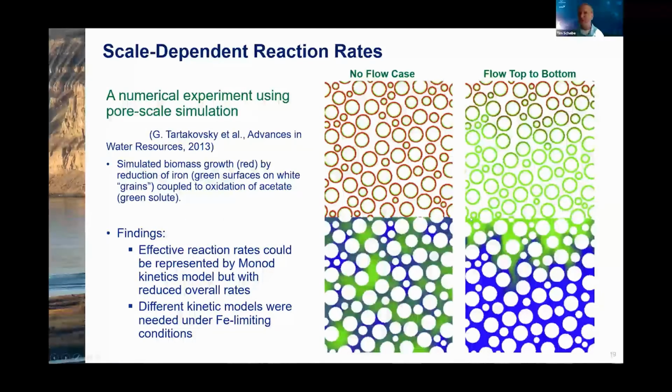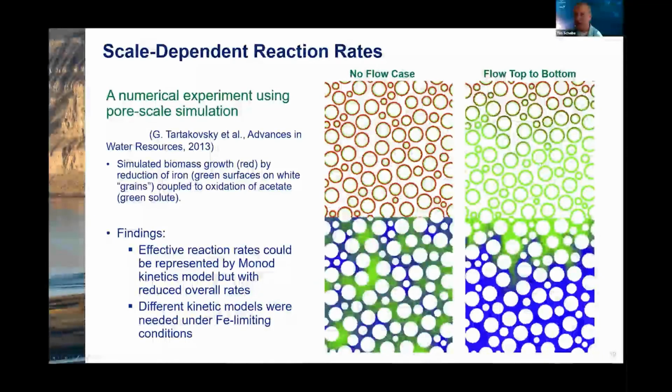The results of this numerical experiment are shown here. We have two cases: a case shown in the first column with no flow, so diffusion only, and a second case where we impose flow from the top to the bottom and we inject acetate at the top. We simulated the biomass growth, here shown in red, using the reduction of iron, these green surfaces on the white grains.